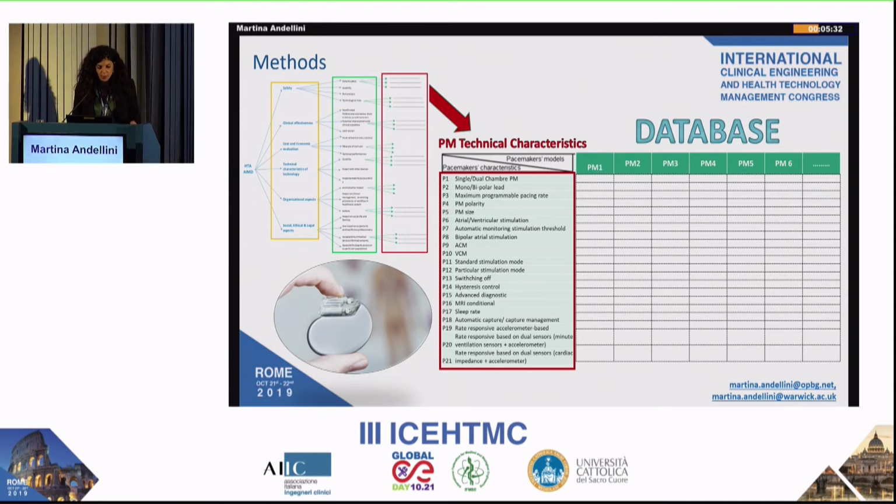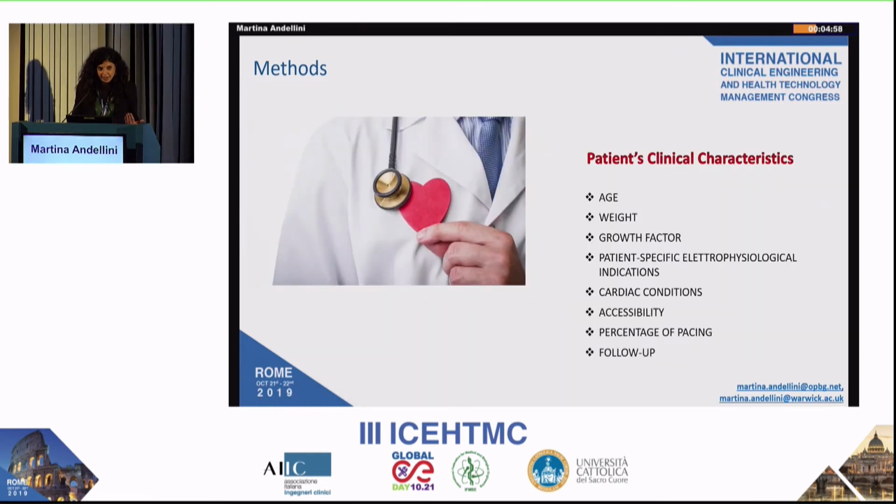So we defined 21 pacemaker technical characteristics, and we built a database taking into account, as an example, the comparative table provided by ECRI, and we are now collecting all the information about all pacemakers currently available on the market, and we are describing each one with respect to these technical characteristics we identified from our analysis.